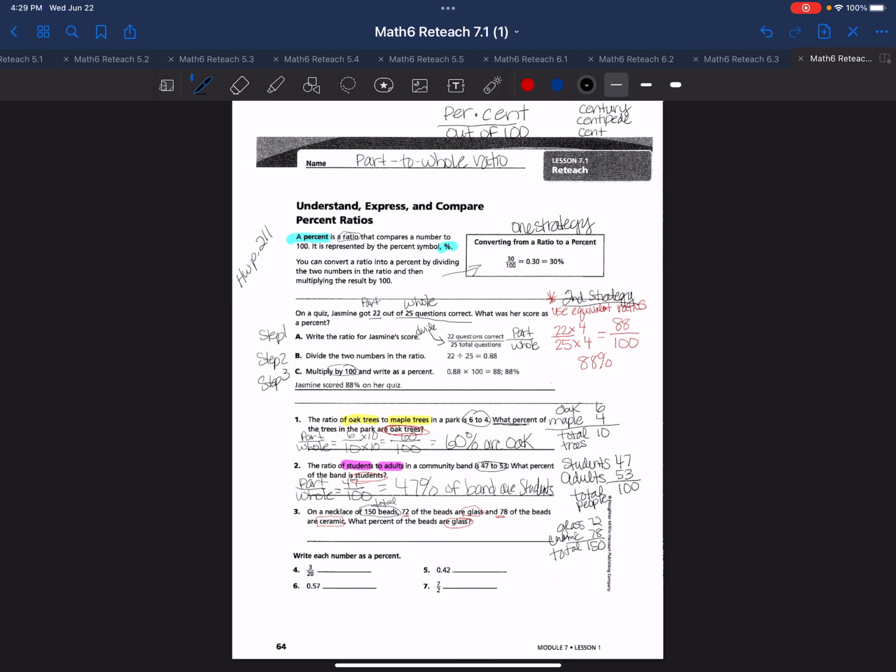So I can do glass over the total. 72 over 150, and then I can go ahead and divide that, which is 48 hundredths, and I multiply that times 100, and I get 48%.